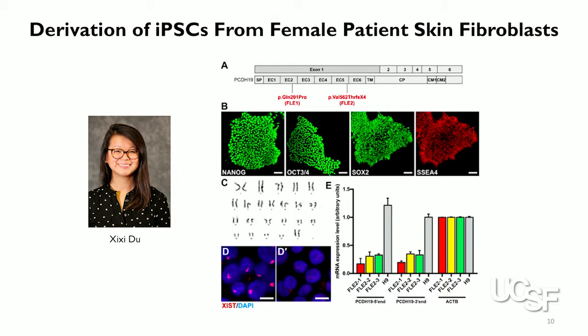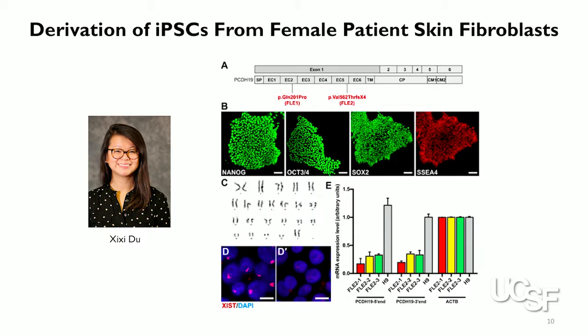First, thanks to the generosity of the families from the foundation, we were able to obtain skin fibroblasts from a few patients. This work was done by CC Du, a talented MD and PhD student in the lab, who used a reprogramming method on two different patients.